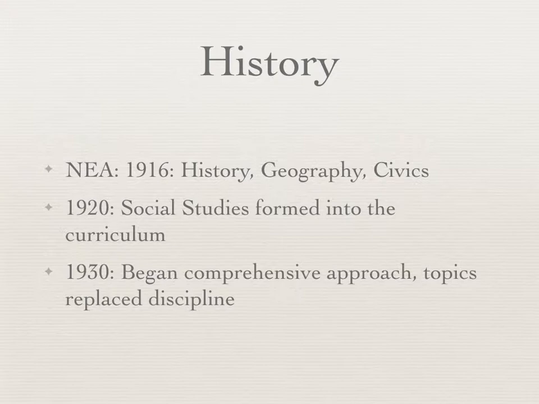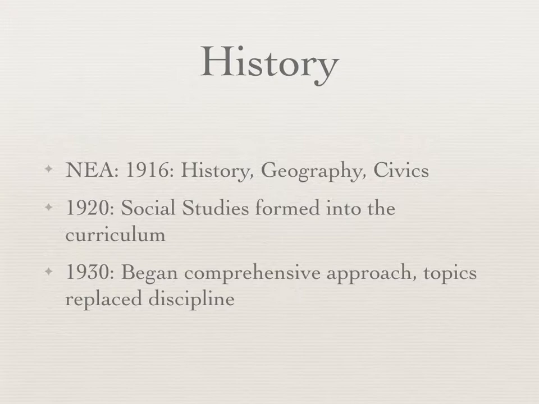We have a lot of people now coming to school more regularly, and we're trying to teach them the history of our country, the geography of our country, and some of those civic-minded ideas. By 1920, social studies is formed into the curriculum. So that big group of subjects all go into social studies now. That happened 4 years after that.